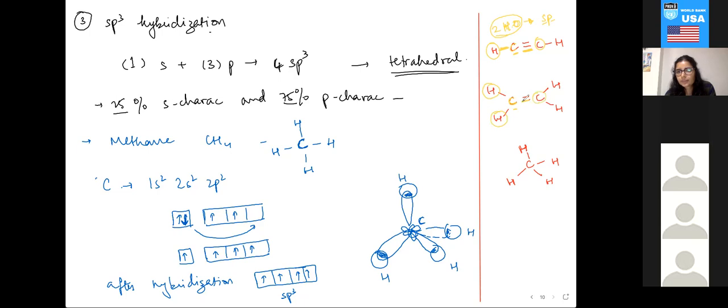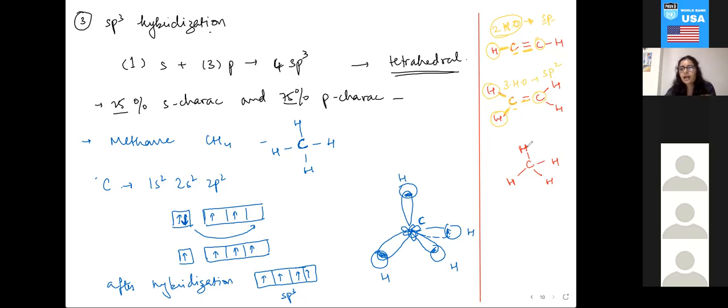So this is one, this is two, this is three. So if it is forming three bonds, how many hybrid orbitals would it need? SP2, 3 hybrid orbitals. Yes, it gets three orbitals if it does sp2 hybridization.